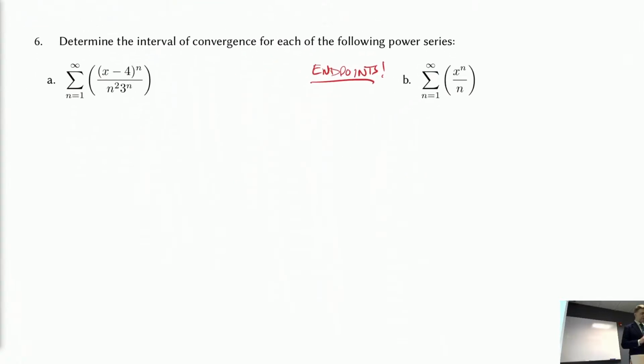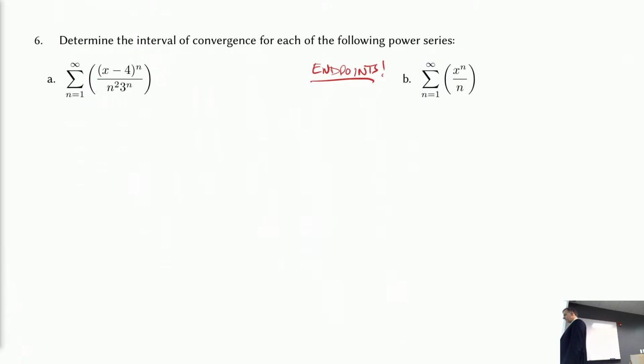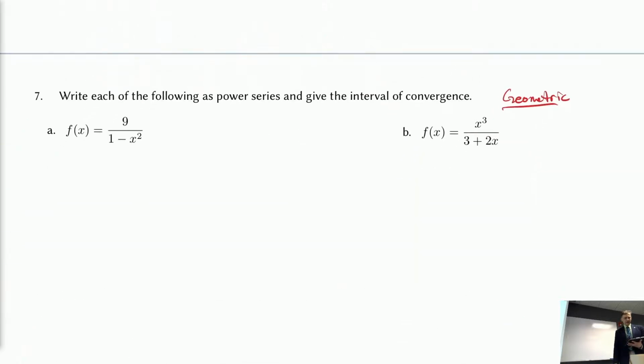Okay, so endpoints. Do the endpoints when you're doing the interval of convergence. I know you don't want to, but unless this is a geometric power series, which neither of these are, you have to do the endpoints. Now, here's what I mean by geometric. These are geometric. You don't have to deal with the endpoints because you know that geometric series do not converge at their endpoints.